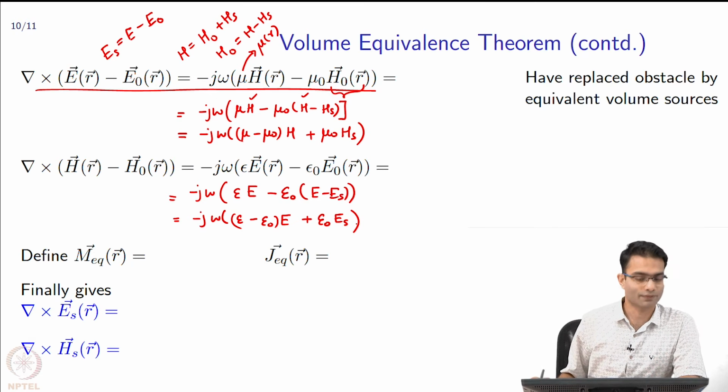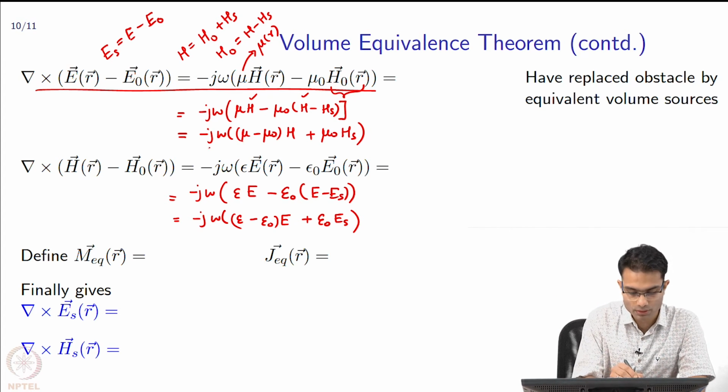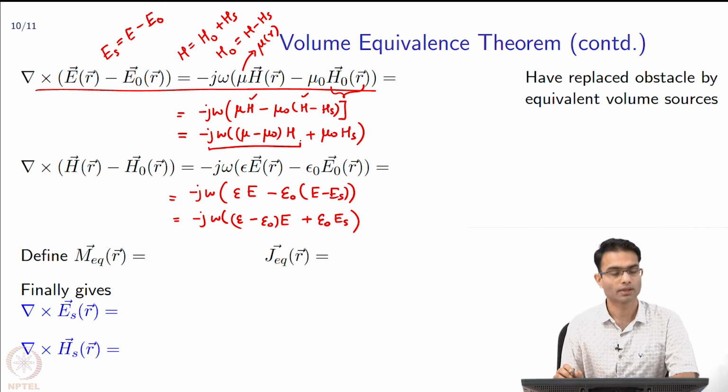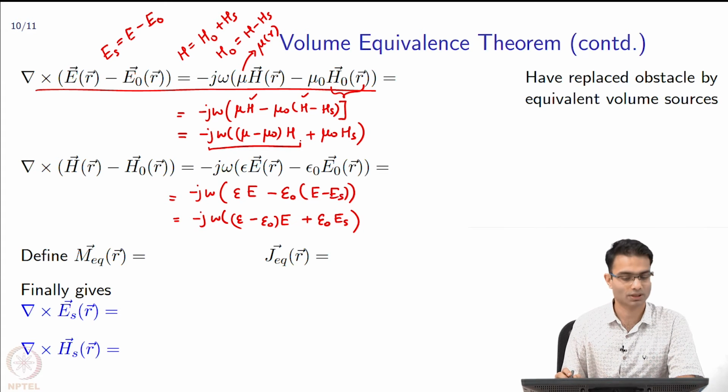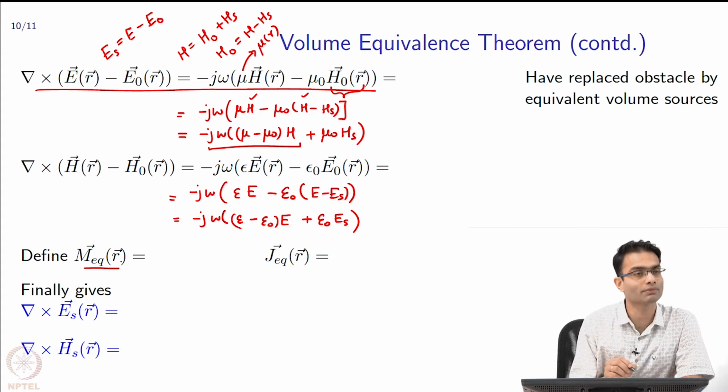Now, to make our life a little bit simpler, let us define yet another term over here just to simplify the math. This term over here that you see is a longish term. So, what we can do is define something called an equivalent current. And what is this equivalent current?